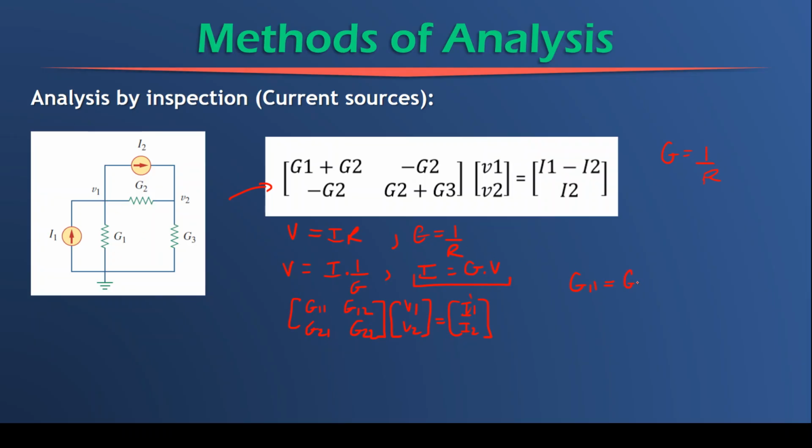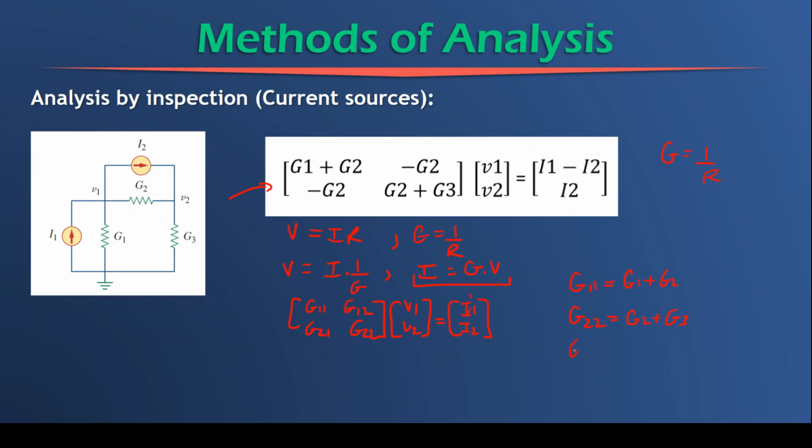So that will give us G1 plus G2. Similarly, G22 will be the sum of the conductances connected to point 2, which must be G2 plus G3. And that's what you see in this matrix, G1 plus G2 and G2 plus G3.